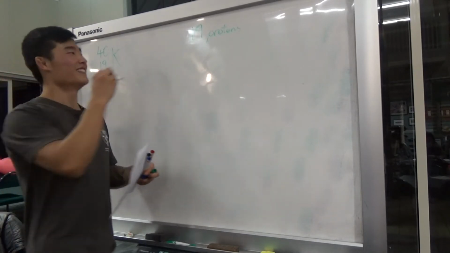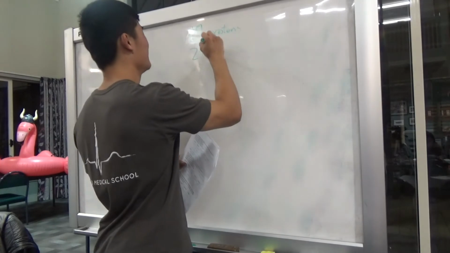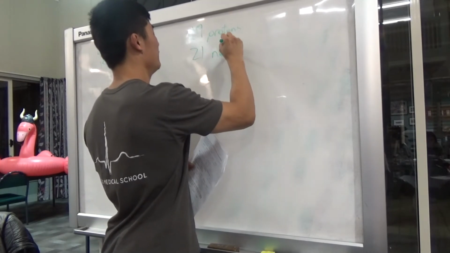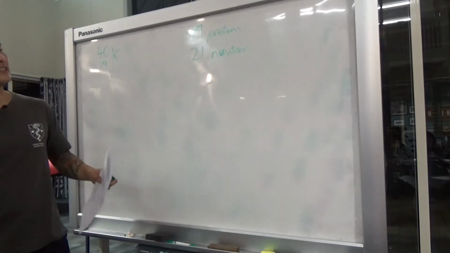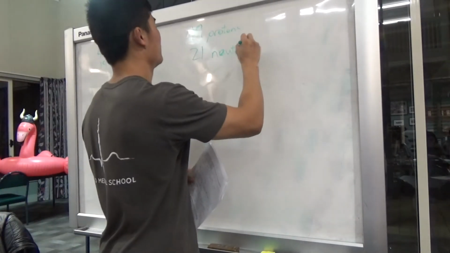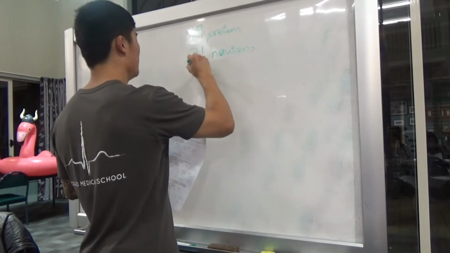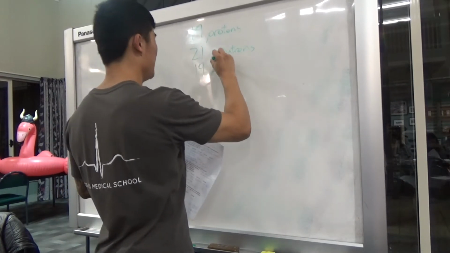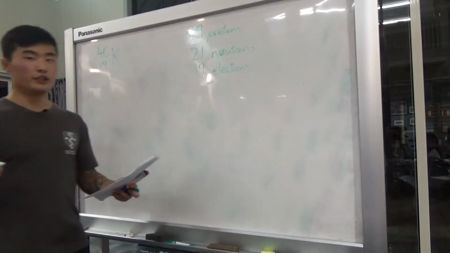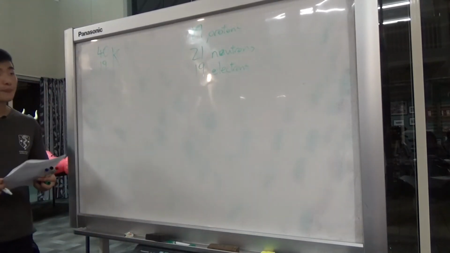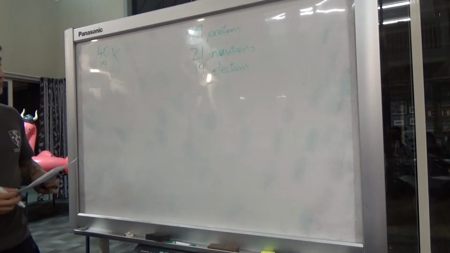Yep, 21 neutrons. That's 40 minus 19. And the number of electrons is going to be the same as the number of protons, because it's going to be electrically neutral, because it's an atom.